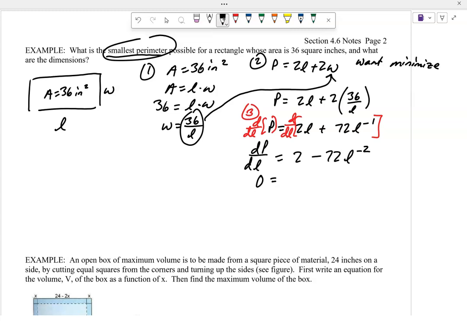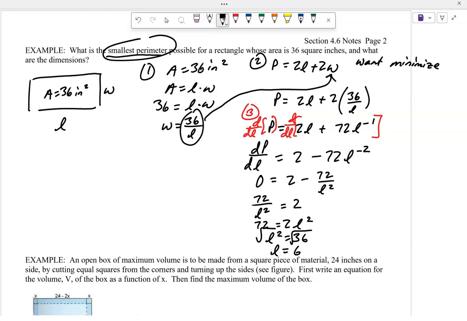We're going to set that equal to 0. Multiply both sides by L squared. Divide both sides by 2. Square root, square root. I can't have a negative 6 length, so it's just a 6.